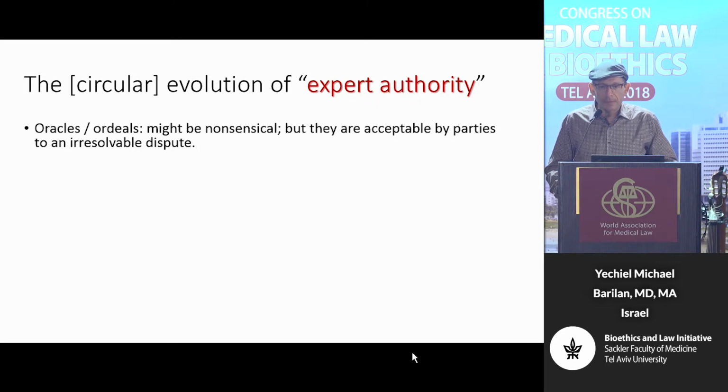So we have here the evolution of expert authority. Historically, we had the ordeals. Old times. Ordeals might be nonsensical, that we go to the oracle, we check the entrails of... But there's one good thing about the ordeal. It works when there's consensus. We fight.